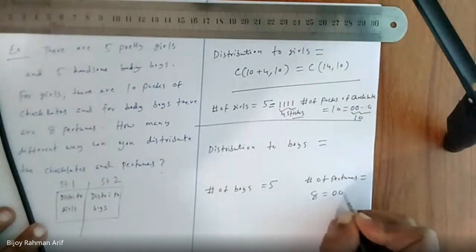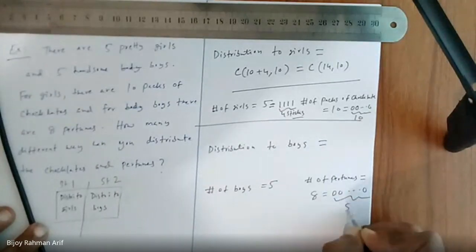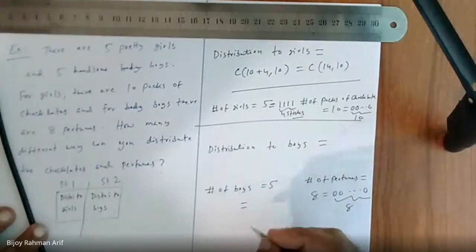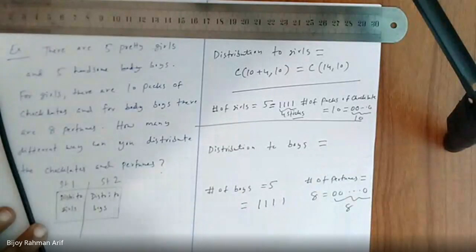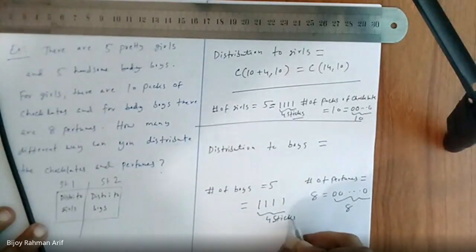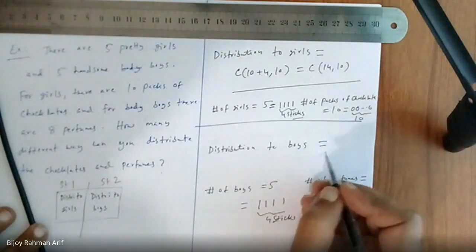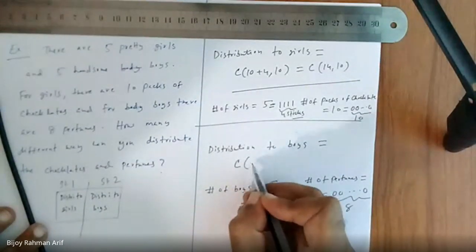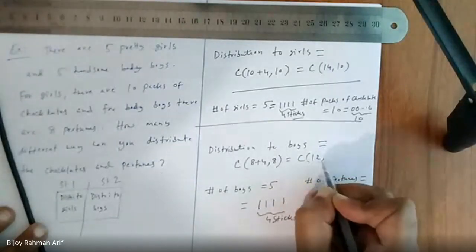Balls হচ্ছে পারফিউম। গুড, ভেরি গুড। সো 8টা বল আর বয়েজ হচ্ছে স্টিক। 1 2 3 4, so 4 sticks. What would be the answer for this? C, 8 plus 4, 8. So C(12,8).